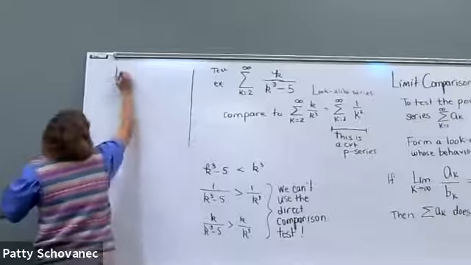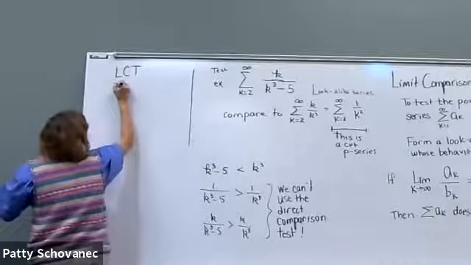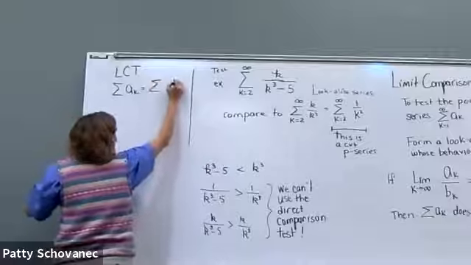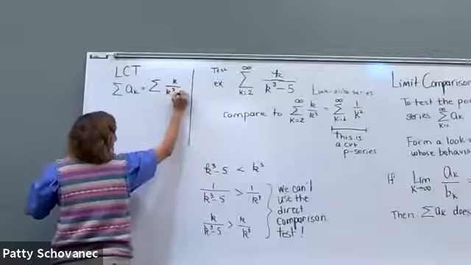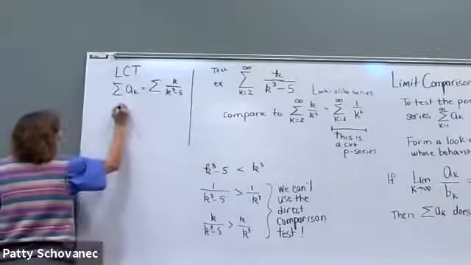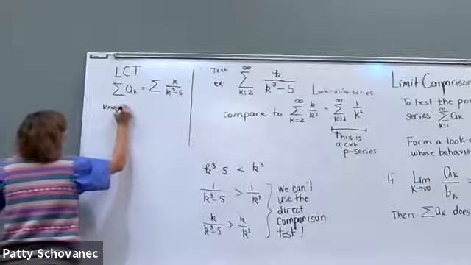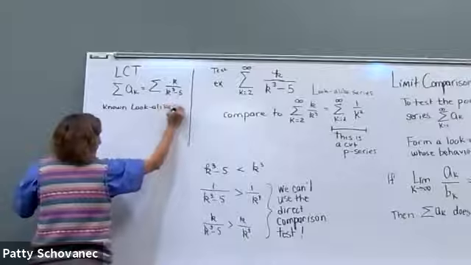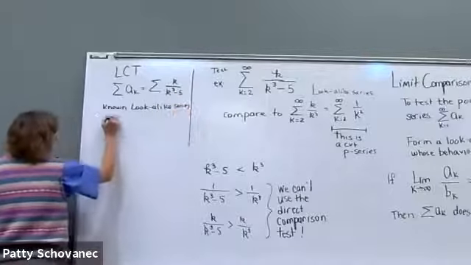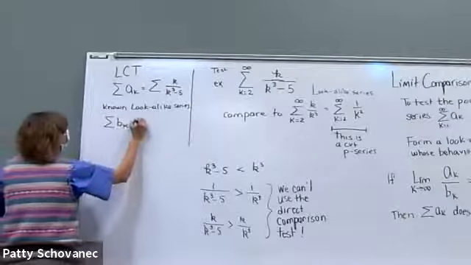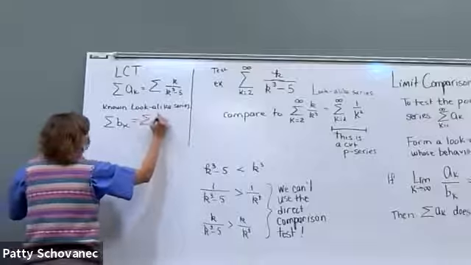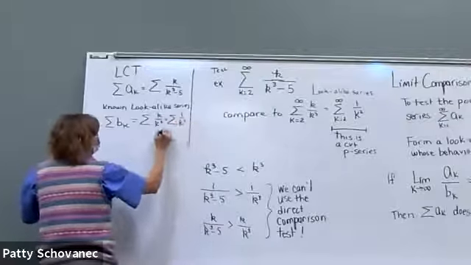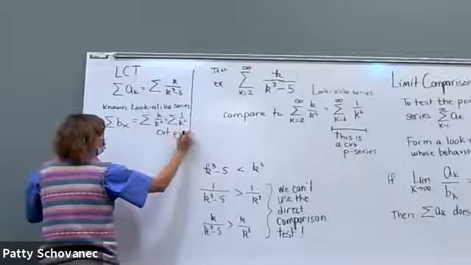The series that I'm testing was k over k cubed minus 5. And my known series is the BK series, which was just k over k cubed, or 1 over k squared. Convergent P series.